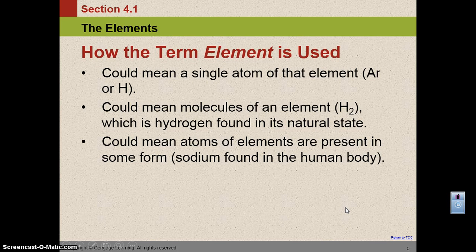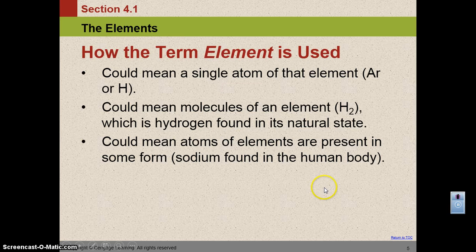A lot of times when we talk about the human body, we will talk about the element name that we're talking about. For example, we could say the amount of sodium you have in your body is this much. Well, we're talking about the element sodium because that's what's important for your body to function. However, that sodium is combined chemically with another element or elements to form other substances.